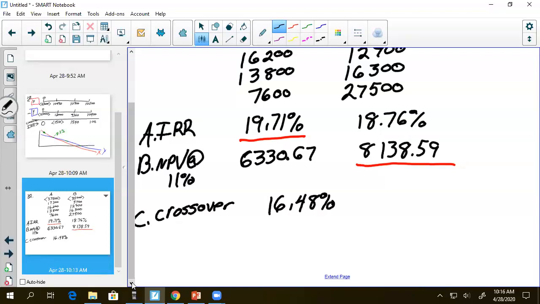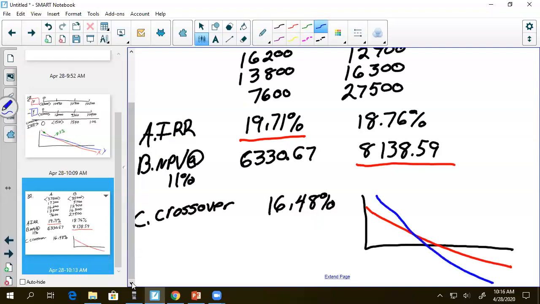So if we drew that out, okay, we would have project A going like this, and we'd have project B going like that, right? The crossover is right here at 16. So it says, at what discount rate would the company choose project A? And this was A, and this was B. Okay.